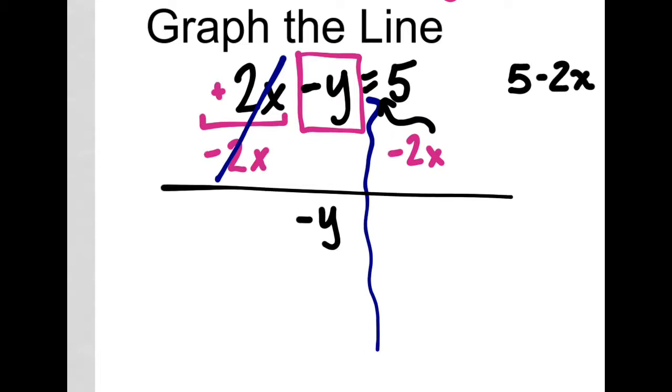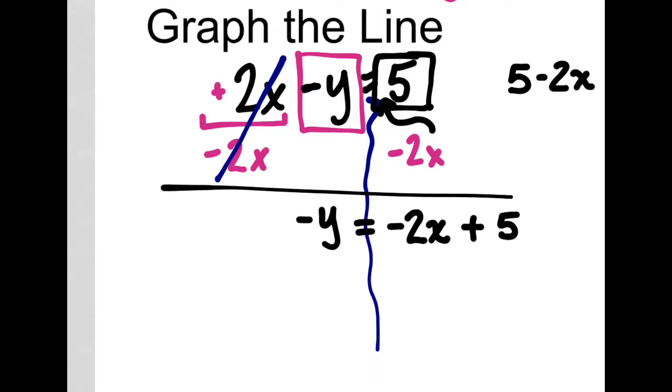But I think when students do that, sometimes we forget which one is the slope and which one's the intercept. The slope is always the one that goes with x and not just the first one that you see. So that's why I like to write 2x first, because then it is the first one that you see, and it makes it easier to remember. And then this is positive 5, so I'm going to put plus 5.